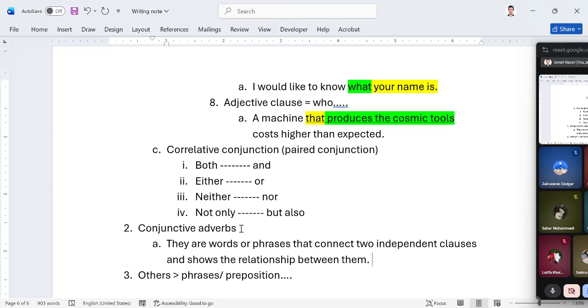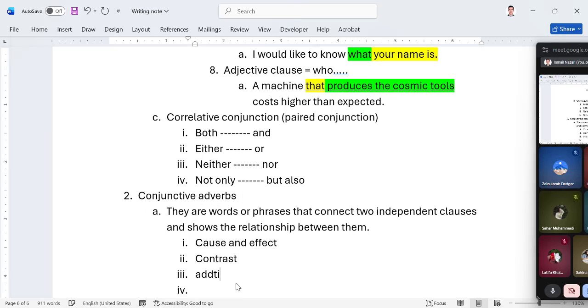Now, we may have different types of relationships. So these relationships could be a cause relationship, it could be result, contrast. Especially if you have cause and effect, I write here, cause and effect. We may have a contrast relationship. We may have an addition relationship.